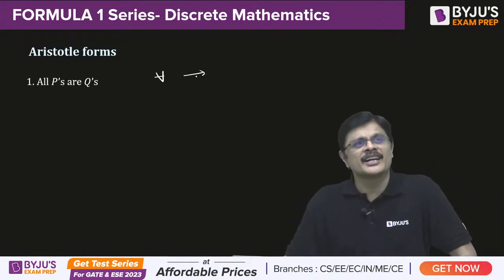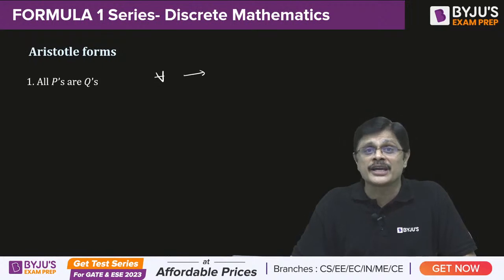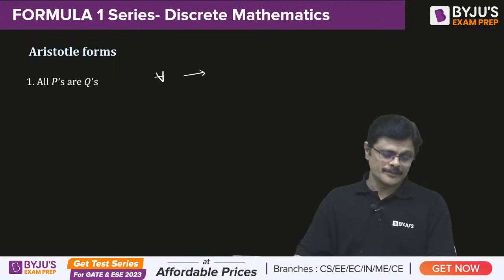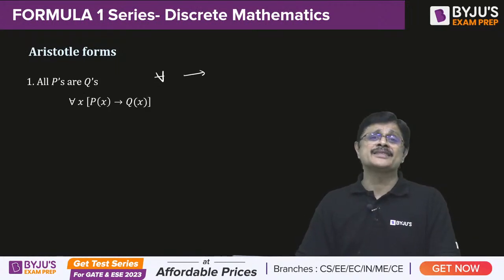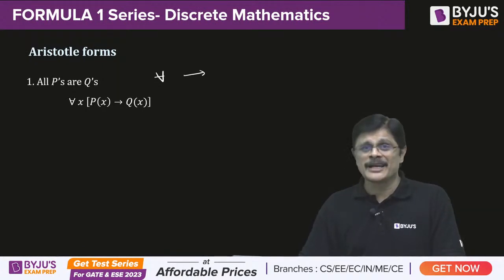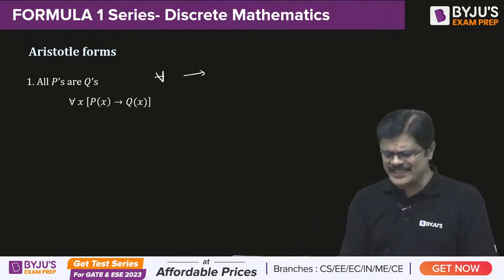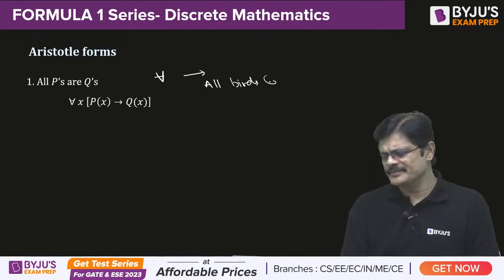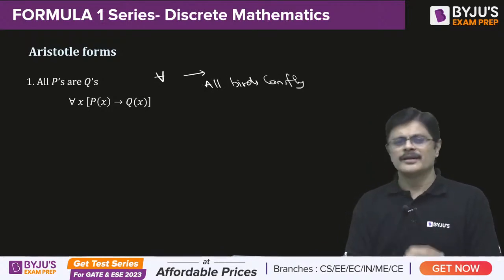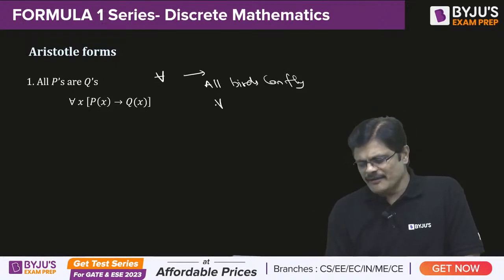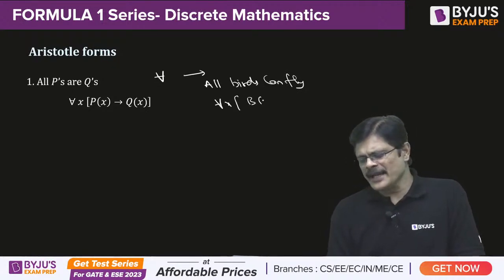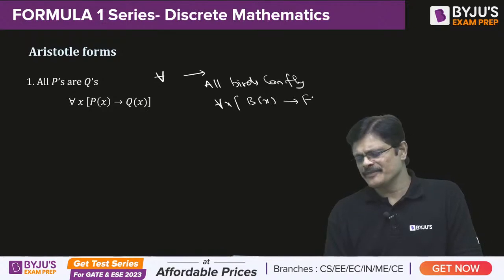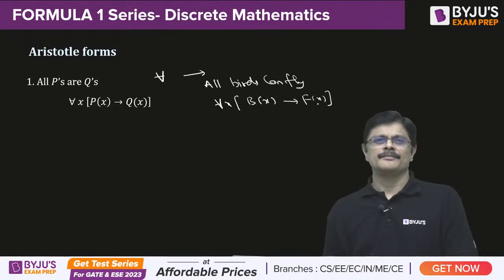Don't blindly say that for all is followed by implication, you will go to jail. Be careful. So for this, the form is for all x, Px implies Qx. You can easily write this, like, all birds can fly: for all x, Bx implies Fx. That's it, over.